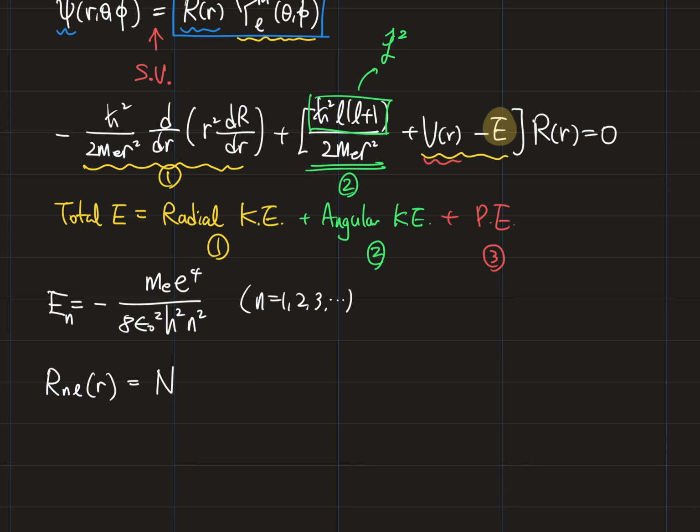There is a normalization constant N_nl, and we have r to the l, an exponential function e to the minus r over n a0, and a Laguerre function with n plus l and 2l plus 1, whose argument is 2r over n a0.